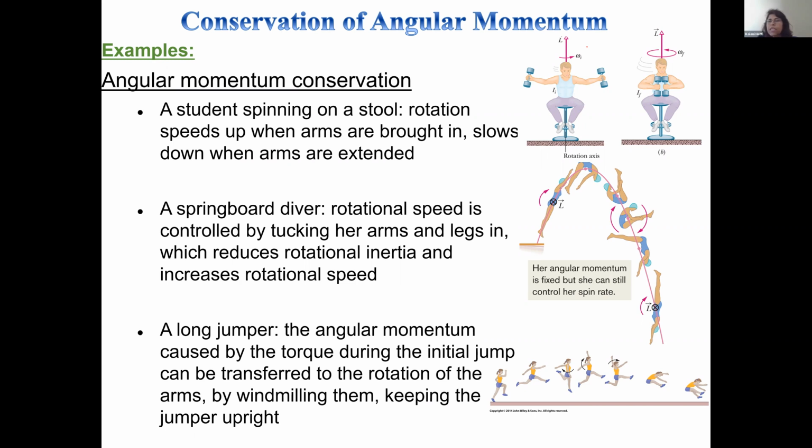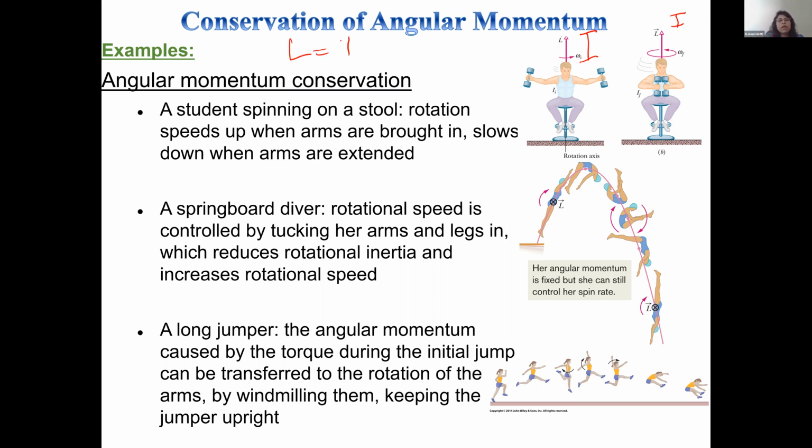He is changing the moment of inertia. The moment of inertia I is smaller when he has masses close to the rotational axis. When the masses are far away from the rotational axis, he has a larger moment of inertia.